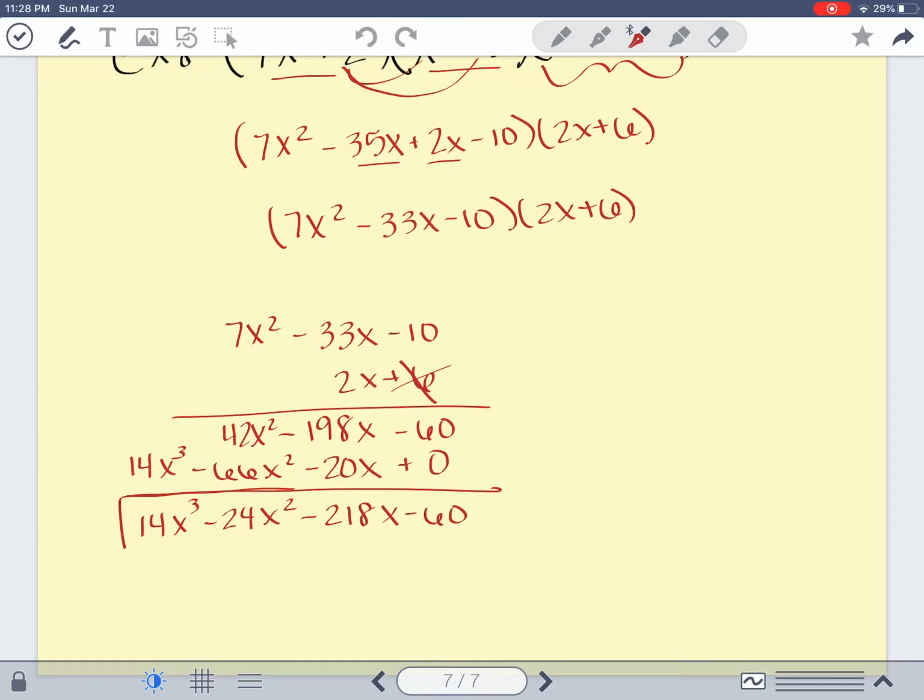And then I have minus 60. And this is going to be my final answer. The reason I like vertical when I've got a cubic times a quadratic is because it lines everything up nicely to just be added together.